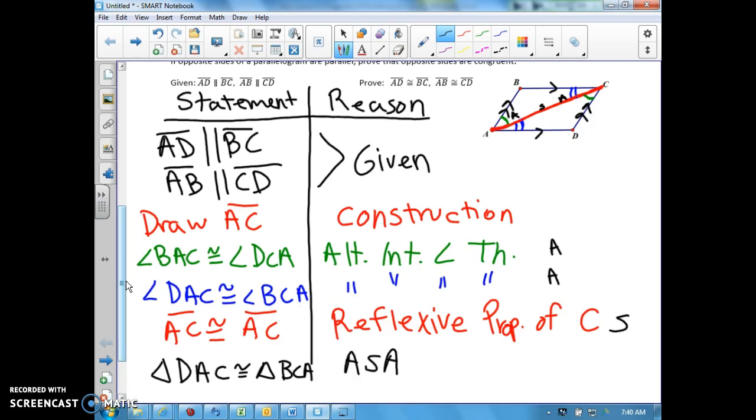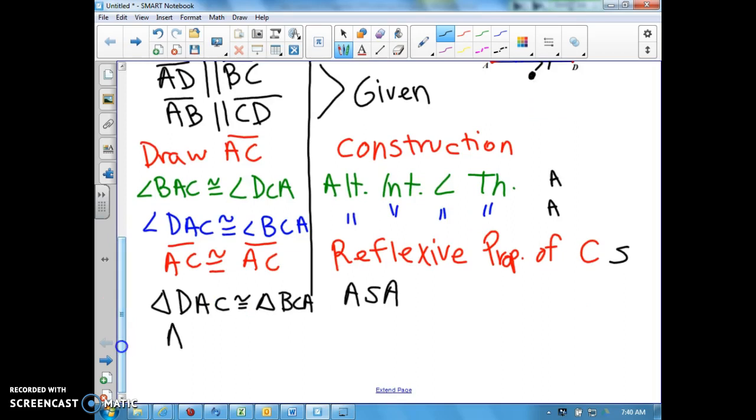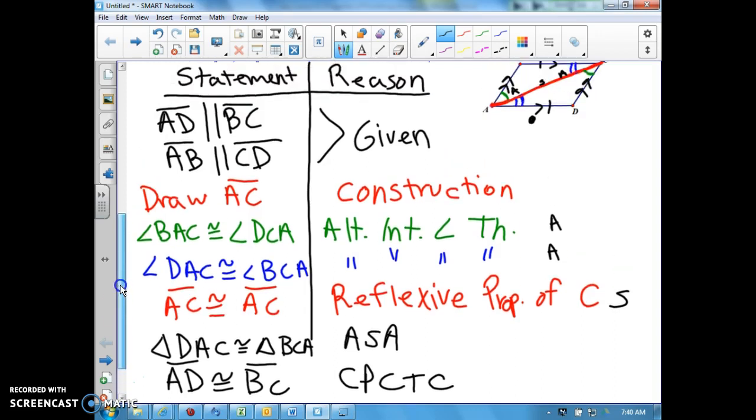Because if these two triangles are congruent, then AD does in fact have to be congruent to BC. That has to be true. So AD has to be congruent to BC because they're corresponding parts of congruent triangles, therefore they are congruent.